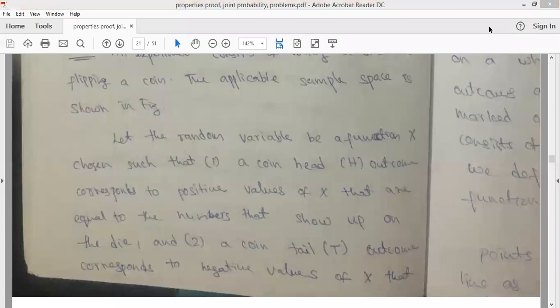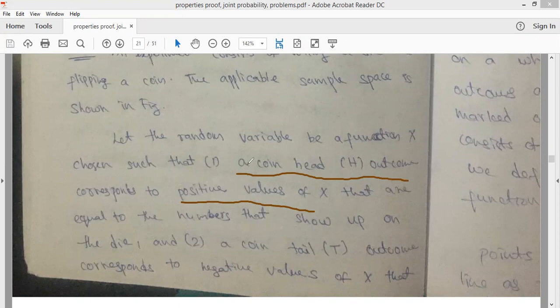It is given like this: a coin head outcome corresponds to a positive value of X. Whenever you get head, you get a positive value of X, and the value will be equal to the number that shows up on the die.